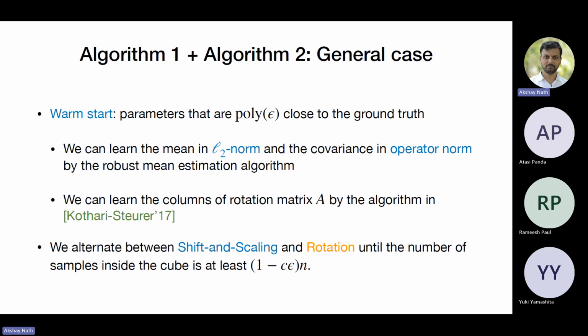But the good thing is that by one round of shift and scaling and rotation, we can reduce this error by some constant factor. Suppose in one step we get delta error, then in the next iteration we'll reduce this delta to delta over 2. So at the end we'll go to the error of constant epsilon.